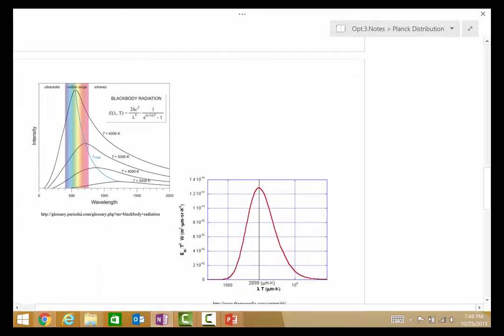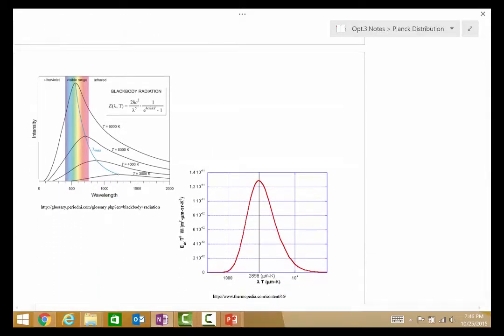So if we're looking at the Planck distribution and we transform it such that we are dividing through by T to the fifth, it's a single curve for all temperatures.